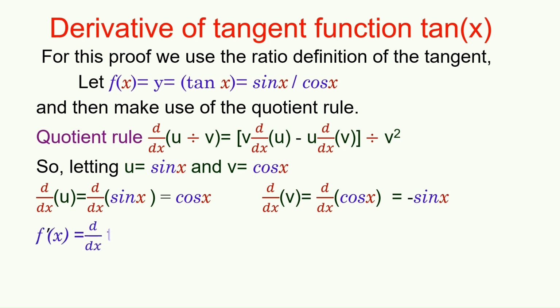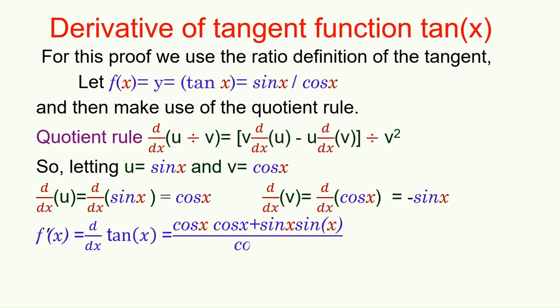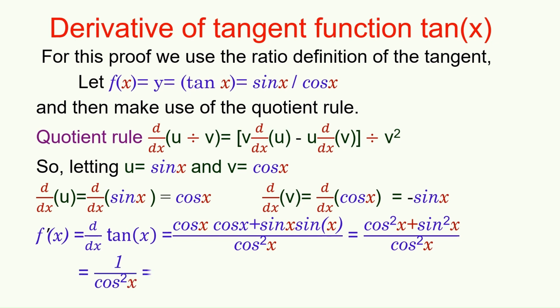So f'(x) = d/dx tan x = (cos x times cos x + sin x times sin x) / cos squared x = (cos squared x + sin squared x) / cos squared x = 1 / cos squared x, as sin squared x + cos squared x = 1. Therefore d/dx tan x = sec squared x.